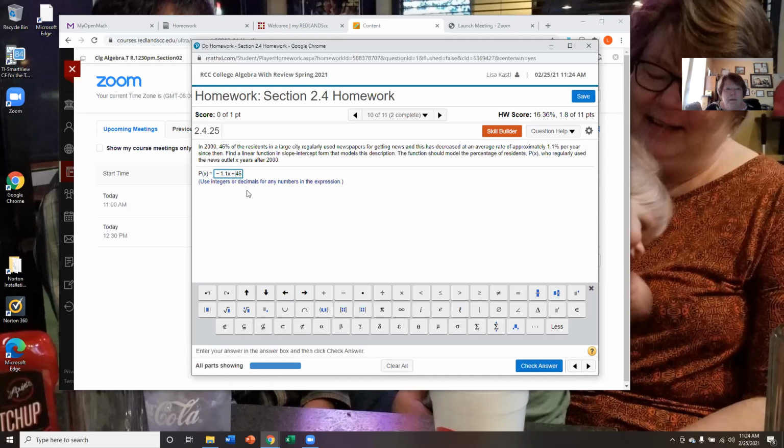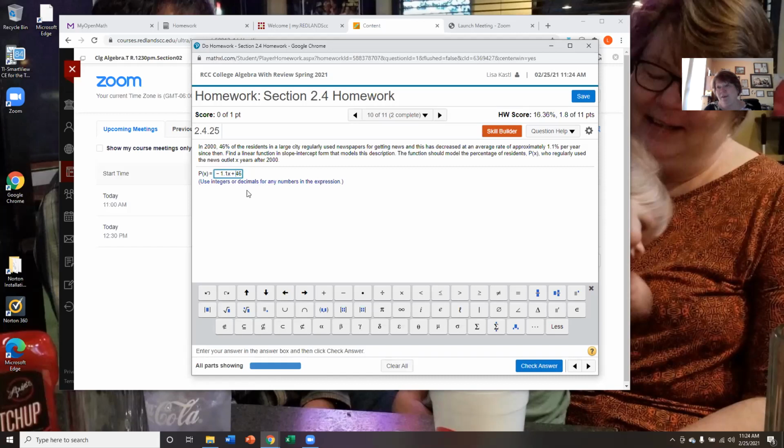Did I get that right? Yeah. So when x is 0, which is the year 2000, there are 46% of people using the newspaper to get their news. But each year that decreases by 1.1%.